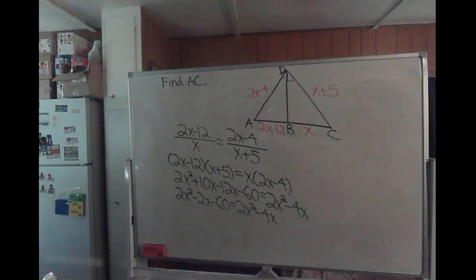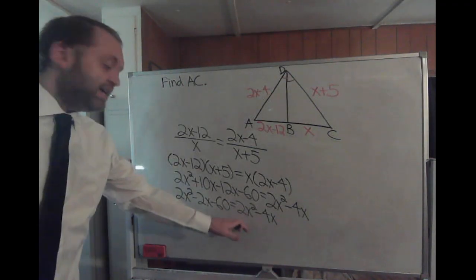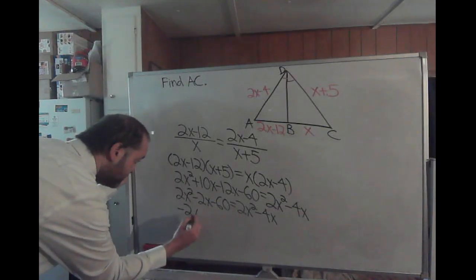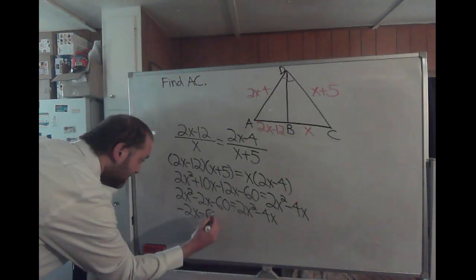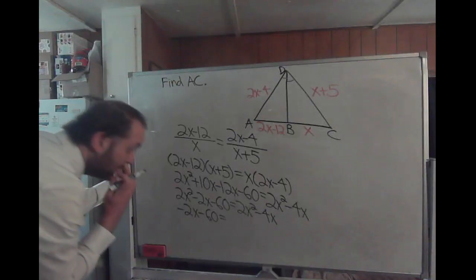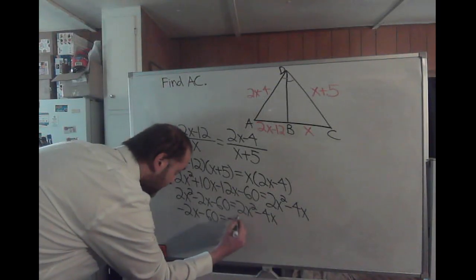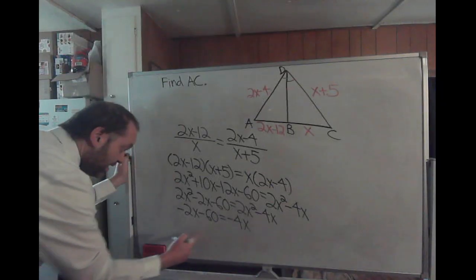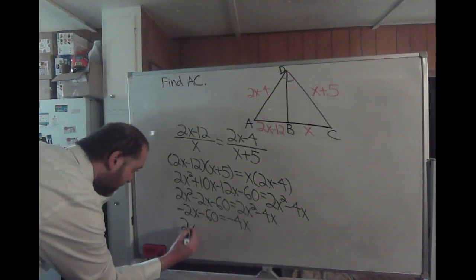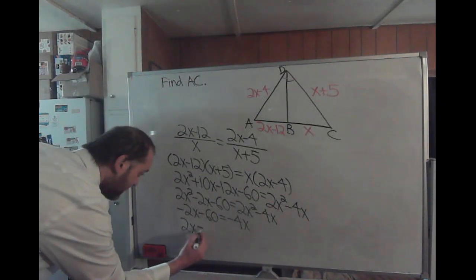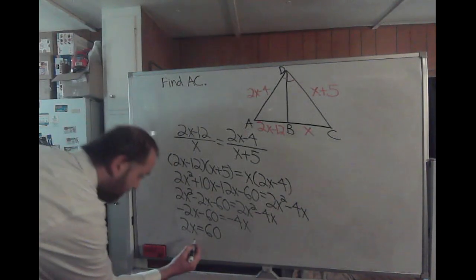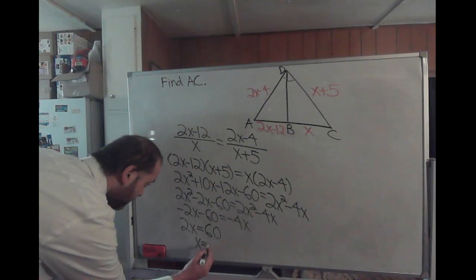Notice something. Between both sides, you can cancel out the x squared terms. This would leave you with negative 2x minus 60 is equal to negative 4x, which we can simplify further. Add 4x to both sides, you get positive 2x. Add 60 to both sides, you get 2x equals 60, which would then just give you that x is equal to 30.